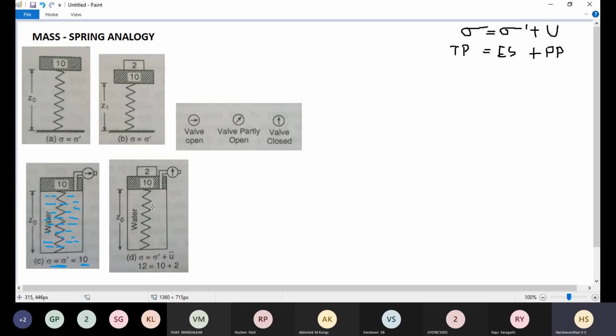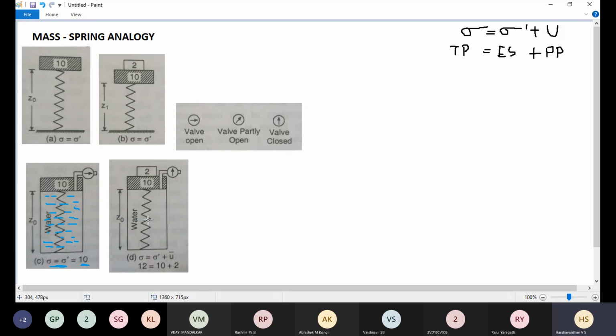So the spring also cannot get compressed. So whatever this 2 units of extra weight is added, it is carried entirely by water. For the spring to carry this load, it has to compress, but the spring cannot compress because the water that is surrounding the spring is also incompressible.